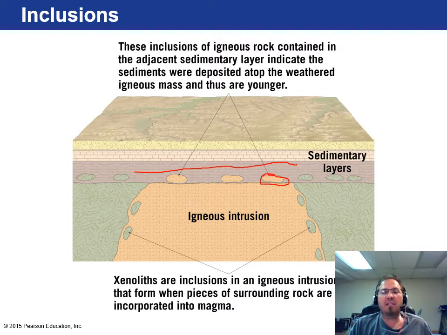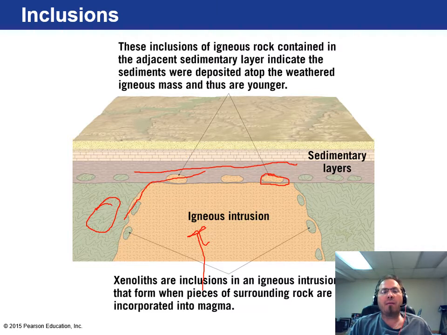Then you have what are called xenoliths, and xenoliths are inclusions in an igneous intrusion. So you can see that this green stuff here came first. It's older than the igneous intrusion. The igneous intrusion welled up from down in the earth because it's superheated, and it displaced all of this greenish looking rock around it, and this probably went up here like this at some point and then got eroded off.